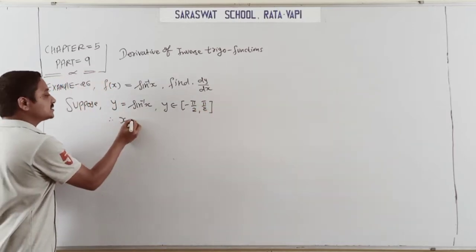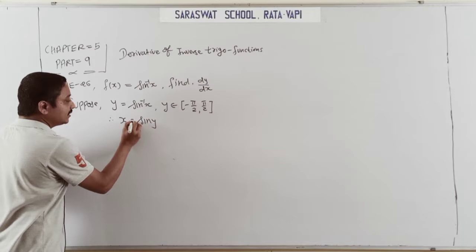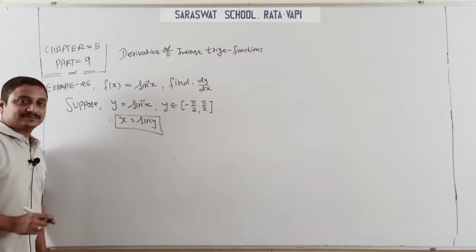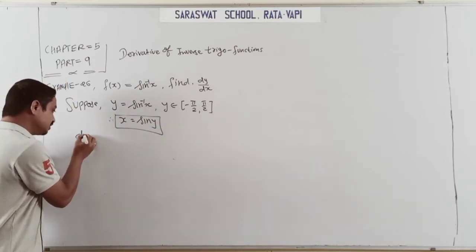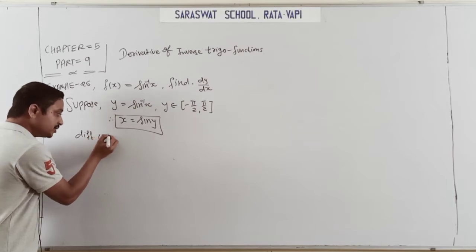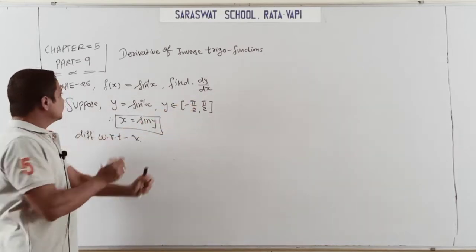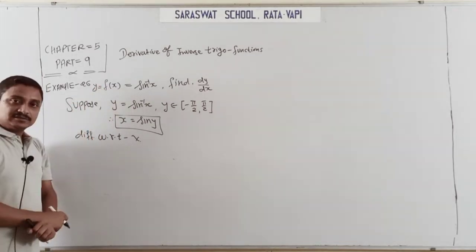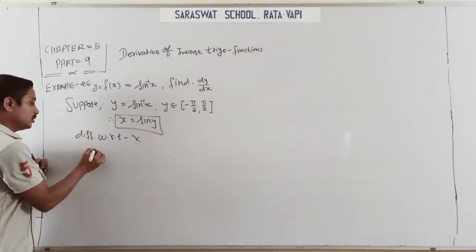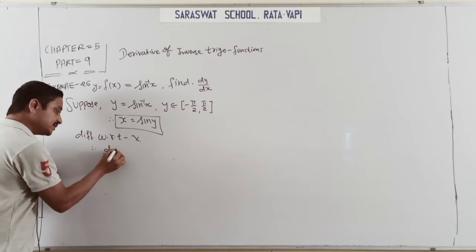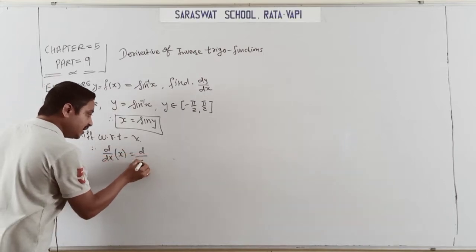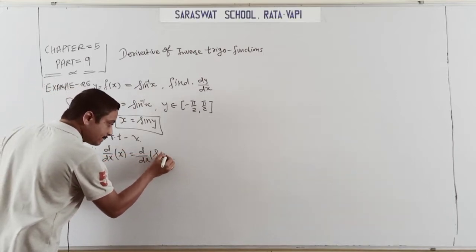So what is x? Sin y. Yes, sin y. Now differentiation with respect to x, because I want dy by dx. Consider your question is y. So d by dx of x equals d by dx of sin y.